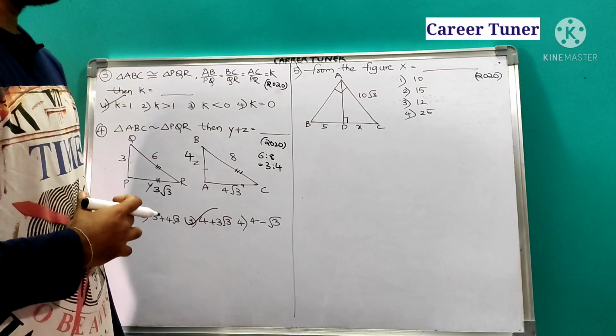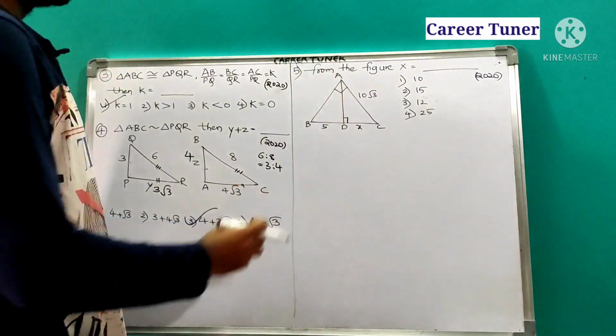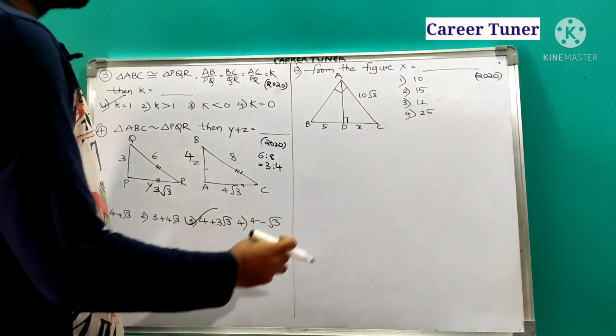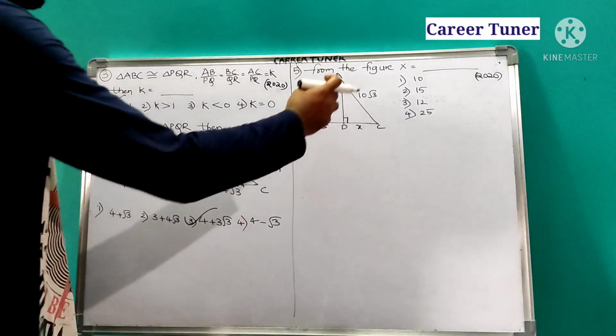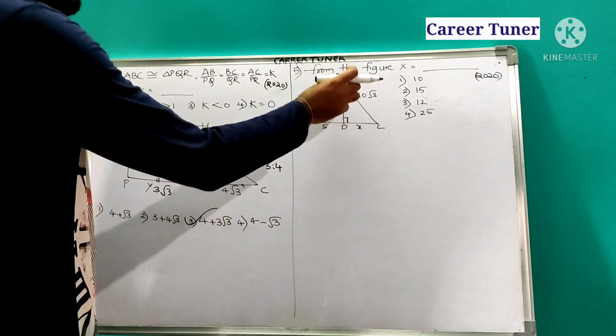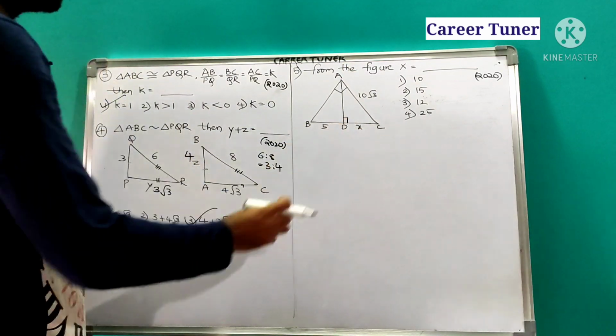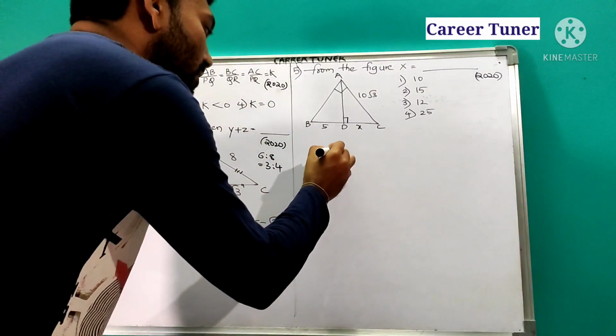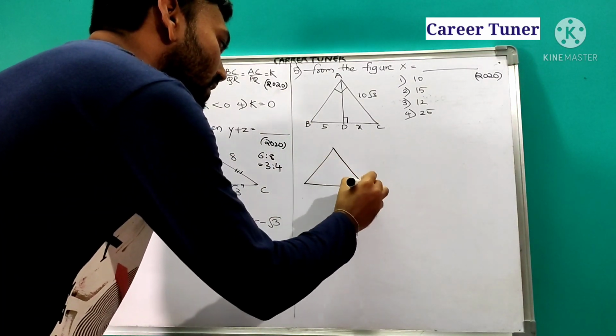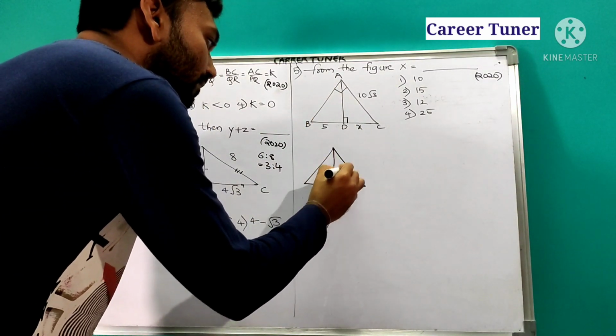Here ABC is a triangle which is right angled at A, and next ADC is also a triangle which is right angled at D. Whenever you have a line drawn from 90 degrees such that it is perpendicular to the base, we have some logics. Let us go through the logics whenever this case comes.